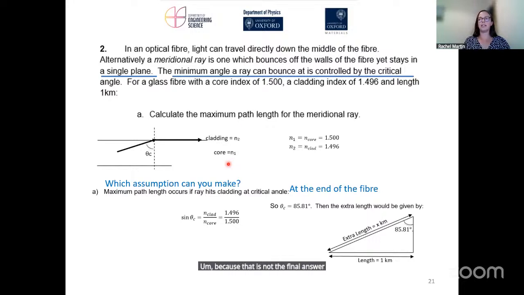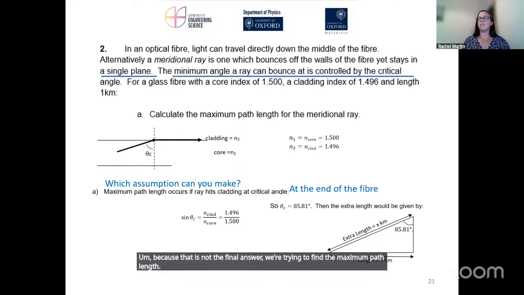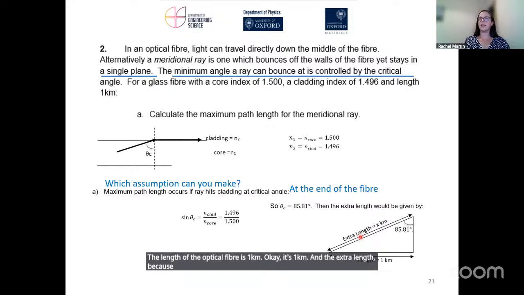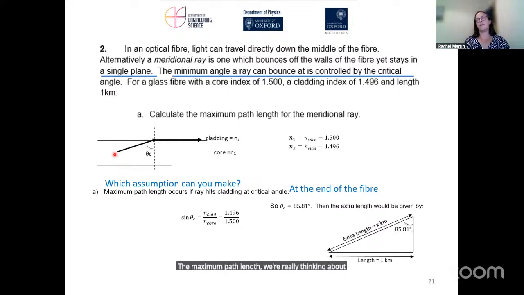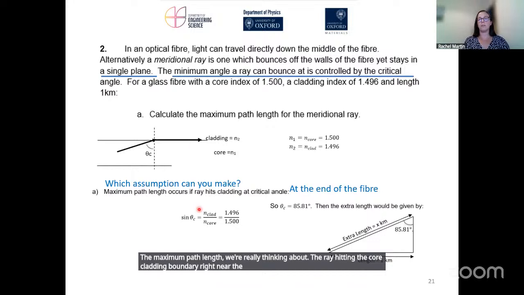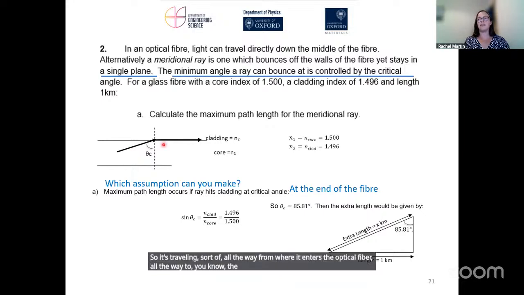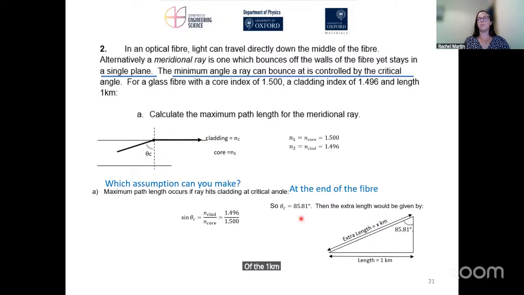We're trying to find the maximum path length. The length of the optical fibre is 1 kilometre. Let me go back to that point as well. For the maximum path length, we're really thinking about the ray hitting the core cladding boundary right near the end of the optical fibre. So it's traveling all the way from where it enters the optical fibre to the far end of the 1 kilometre optical fibre.